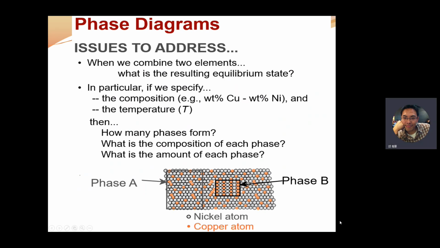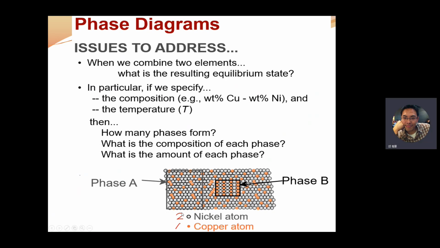So we can look at the figure here, when we combine two elements, copper and nickel. One is the matrix and the other the point defect. We can discover that in this kind of solid solution, there are two phases formed.